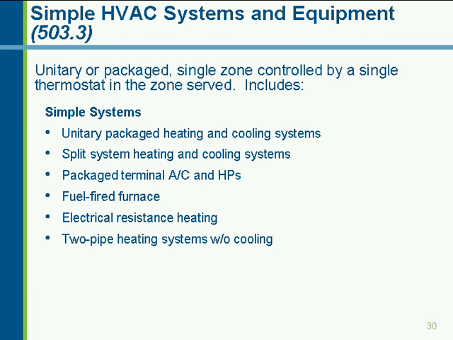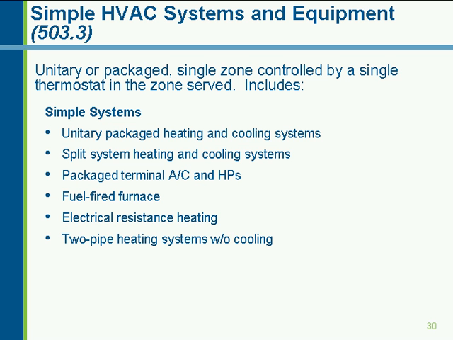Okay, that concludes an overview of the mandatory requirements that apply to both simple and complex systems. Now we'll talk about some of the individual requirements for either simple or complex systems. First, simple systems. Simple systems are unitary packaged single zone systems controlled by a single thermostat within the zone served.